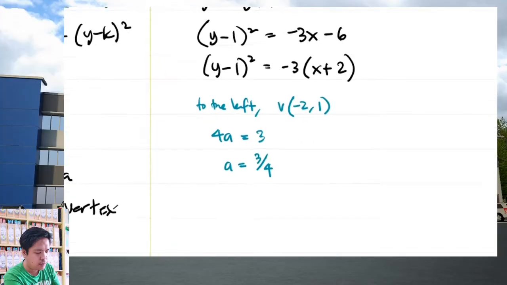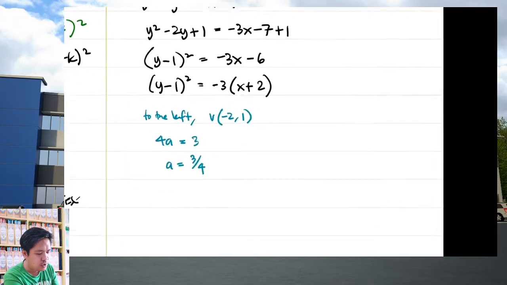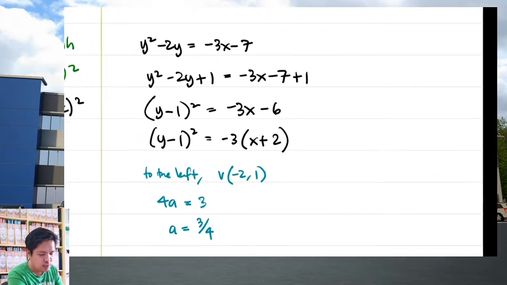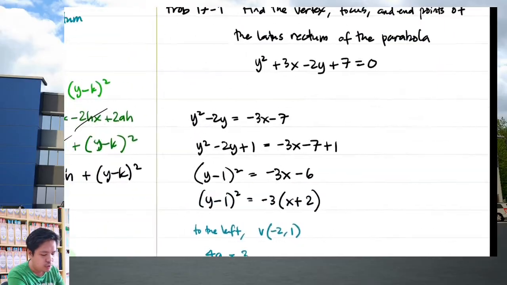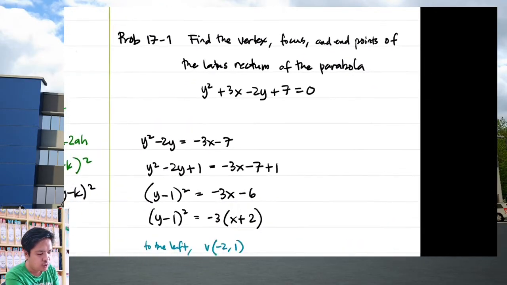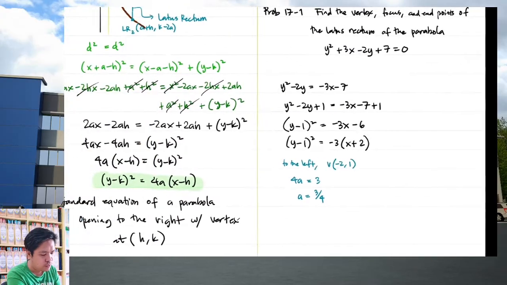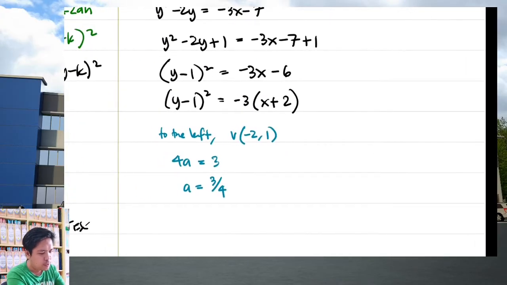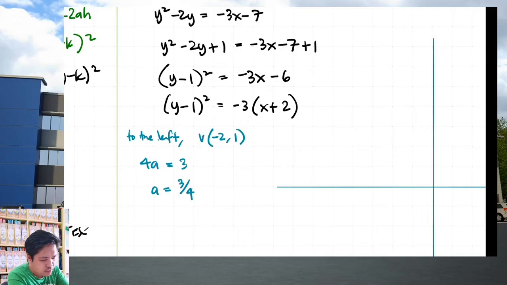Okay? Now, we could now locate the points that were asked in the problem. So the vertex, okay na, then we need to find the focus. Okay, so let me graph that. So the location of the vertex is at negative 2, 1. So ito, this is negative 2, 1.